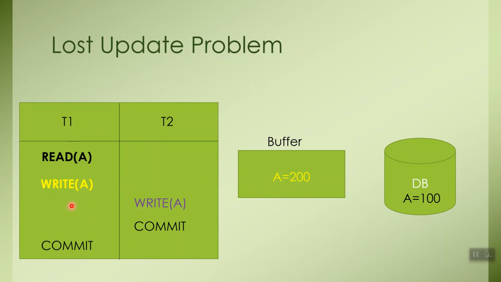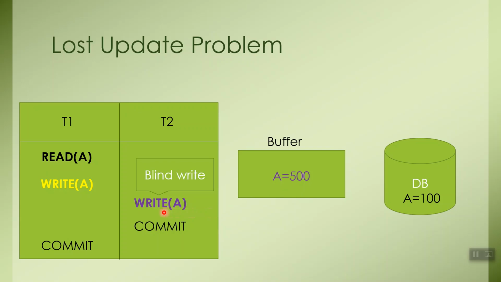Then the context switch happens and T2 executes write A. Now over here, if you observe, T2 has not read the initial value of A either from the buffer or database, but it is directly executing the statement write A, and it is overriding the value of A as 500 in the buffer.